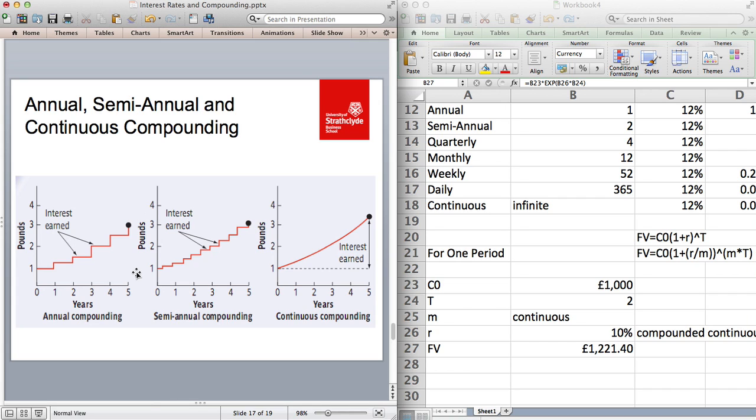When you go to semi-annual compounding, you notice that because you're compounding twice a year, the steps go up in much smaller jumps more frequently, and you can keep on doing that until you get to continuous compounding, where the amount that you grow goes like this. Interest is charged continuously, so you get the smooth line here, and that's in figure 4.9, and you can read about that in the book.